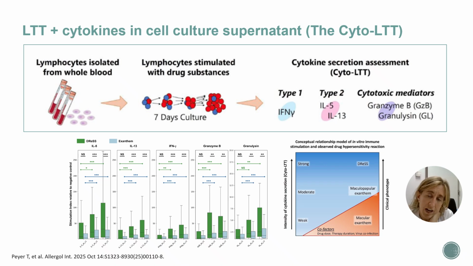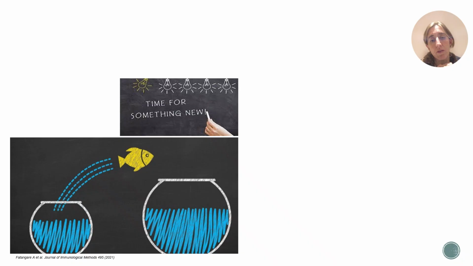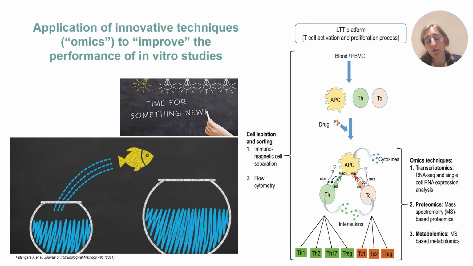This is really promising as an improvement in the use of in vitro tests for identifying not only the culprit drug but also quantifying the immune activation strength and the implications this may have for informing risk assessment, particularly in guiding caution with related compounds and patient risk for a severe or recurrent reaction. So including cytokines in a test is very important, but possibly it's time for something new.